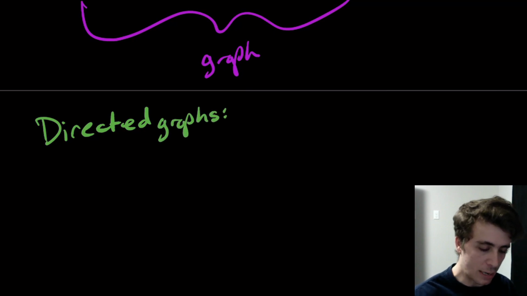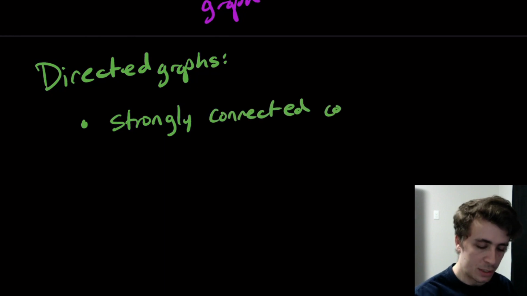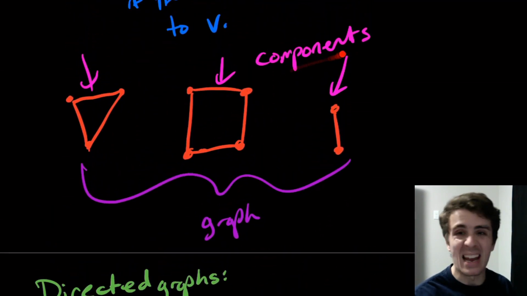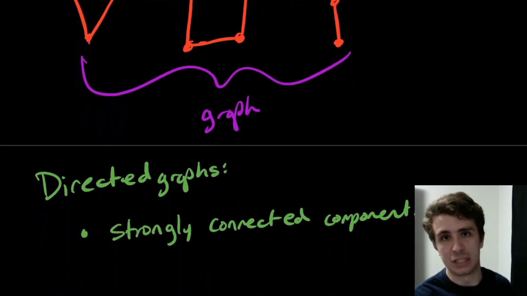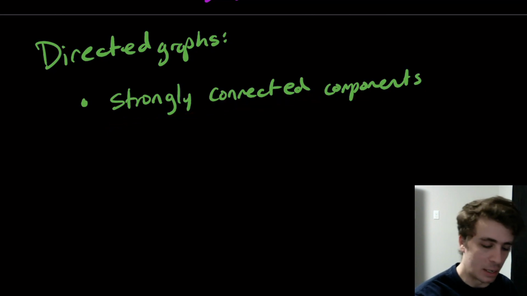So in the directed graphs case, we have 2 different definitions. We have strongly connected components. You could actually drop the word connected. Some people use the word connected here, but components is the term that's used there, and strongly connected is there.